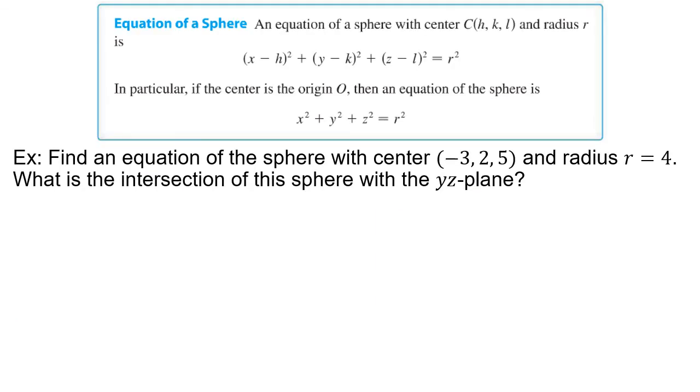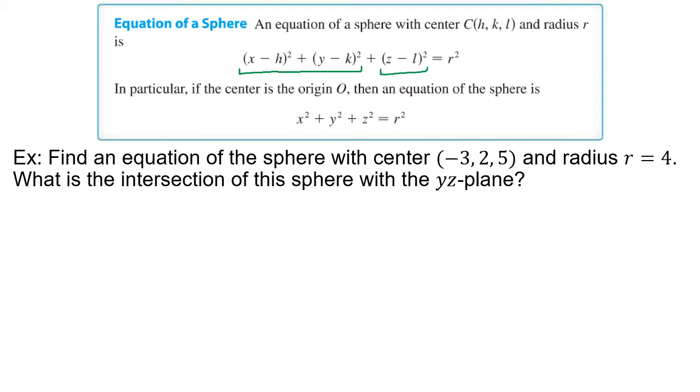Okay, let's talk about spheres for a minute. The equation of a sphere is the same basic outline as the equation of a circle. So if you're talking about a circle in 2 dimensions, your circle is just this first part equal to r squared. X minus h squared plus y minus k squared equals r squared. That's the equation of a circle. Now we're going to add in this z component here to make it be a sphere.